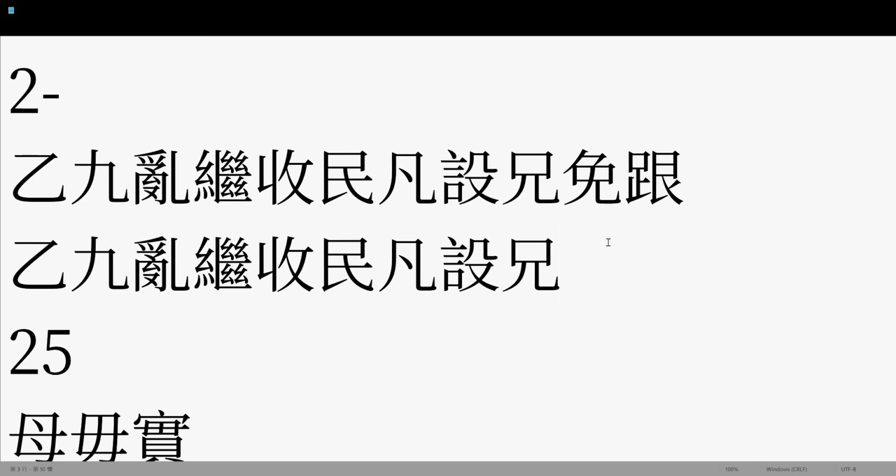Okay, the next one we can see the first stroke here and second stroke here with this hook. These 2 strokes is a radical that is in 2 middle. So let's begin.